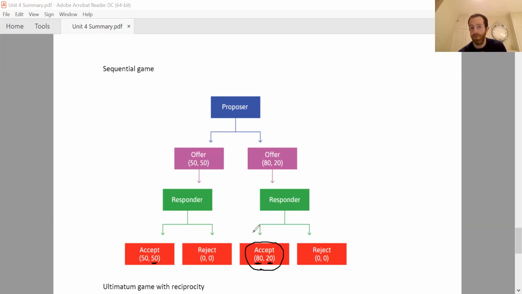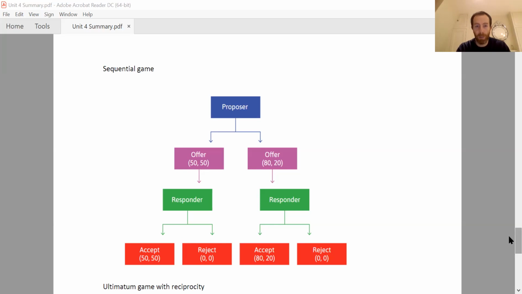When they see the 80-20 offer and compare 0 and 20, we assume they're trying to maximize their utility. Of course, they'll choose the 20. So in a game like this, there's no sense of any reciprocity or fairness. If we want to bring that into the game, we need to change the payoffs.